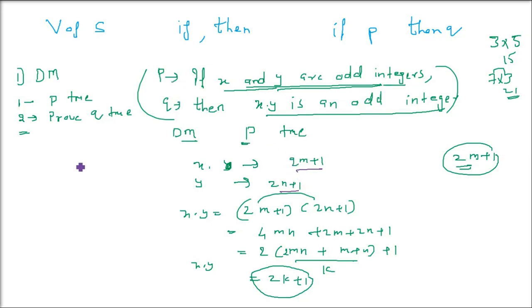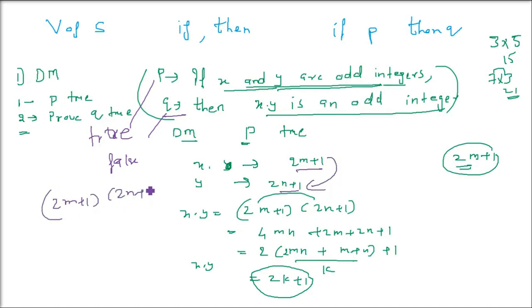And Q is false. So X and Y are odd integers, let us multiply them, XY. So 2m plus 1 into 2n plus 1. We already proved it just now. When you multiply, it's coming 2k plus 1, that is, it is coming odd.